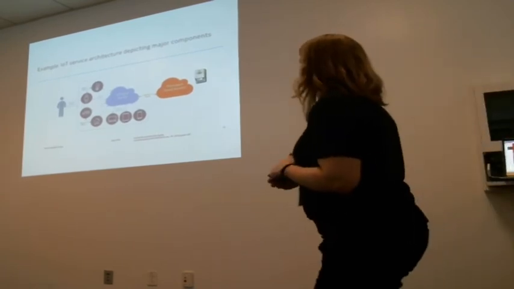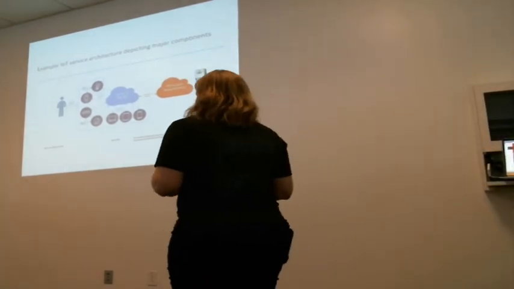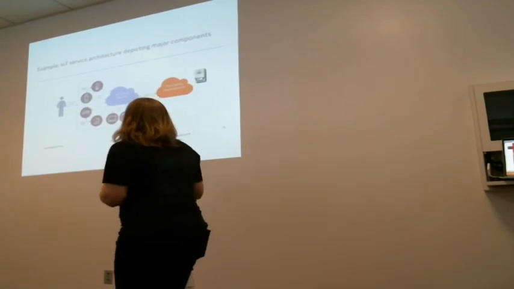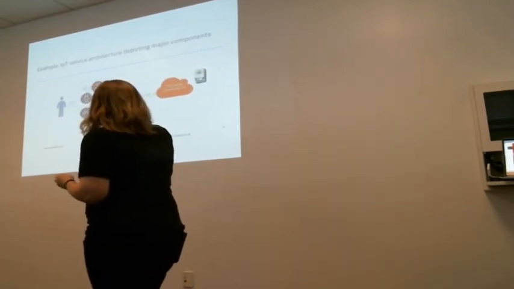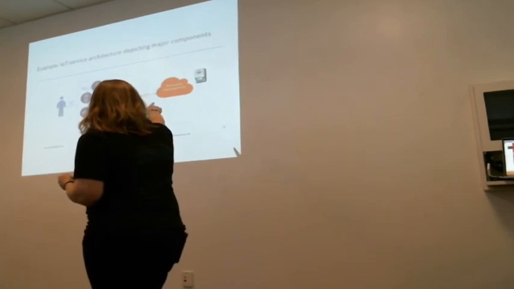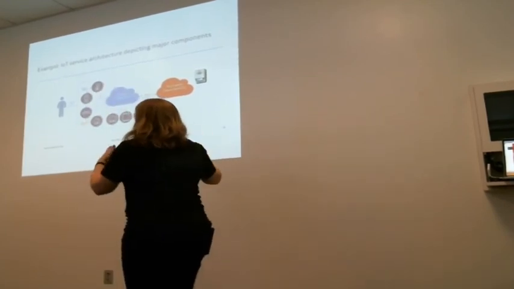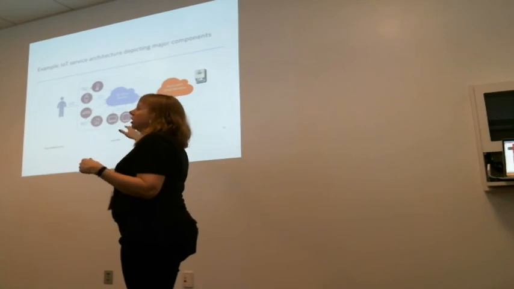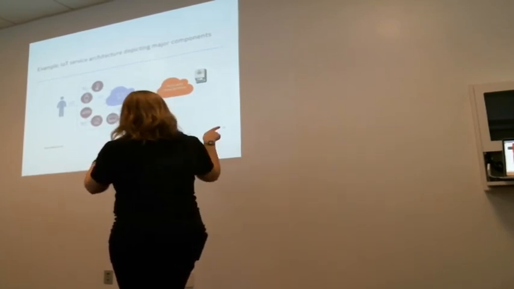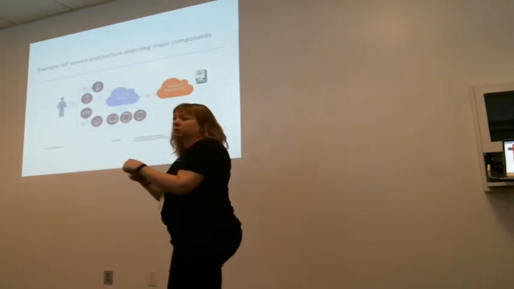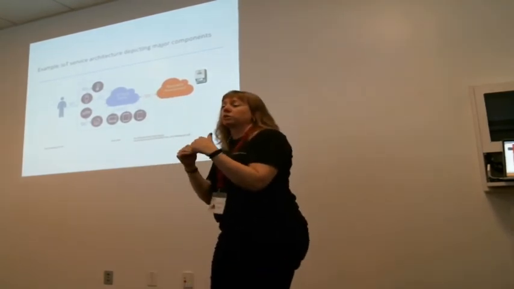She had this example for an IoT service because at the time we were doing IoT. So person to devices, she had the devices around the cloud service and then third-party services. So when you're doing the threat model, obviously this is super high level, but your threat model will have the objects and it'll show how the authentication is flowing. You'll actually have data flow also in your threat model.